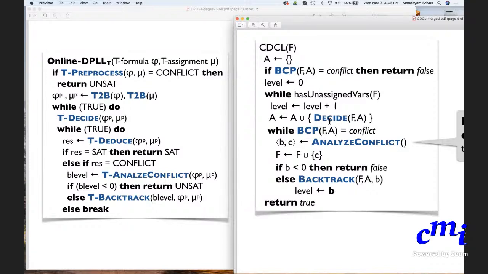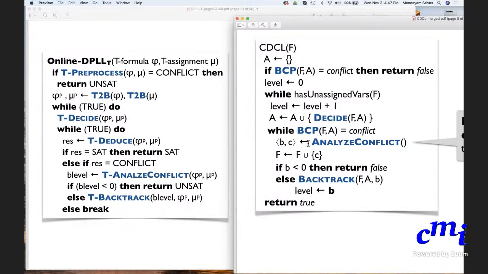Instead, the decide is extended to making decisions in a theory-aware way. Earlier, the CDCL had to make only Boolean decisions. But we also have a more generalized version of BCP, which is called T-deduce.